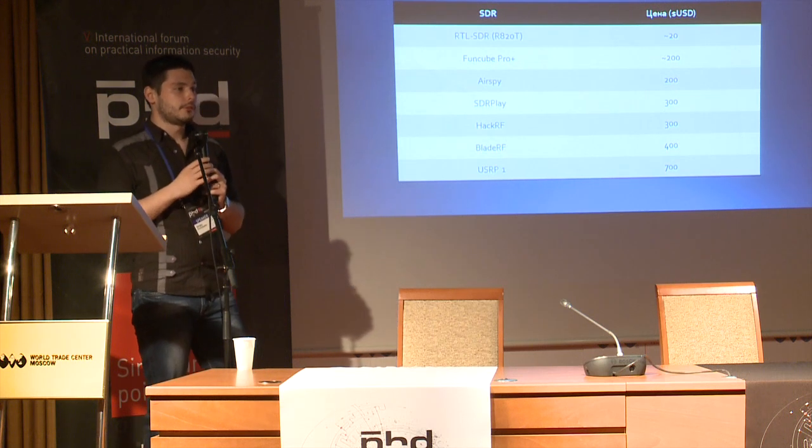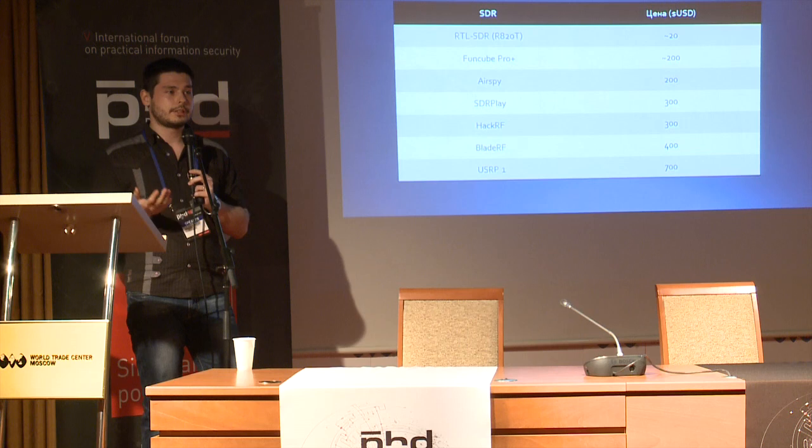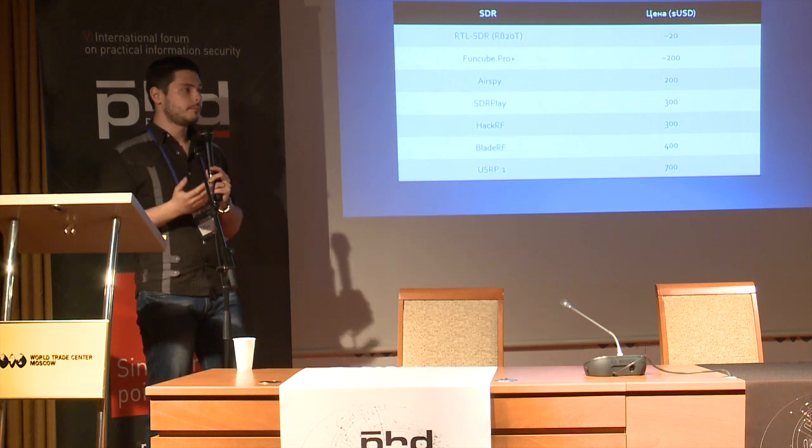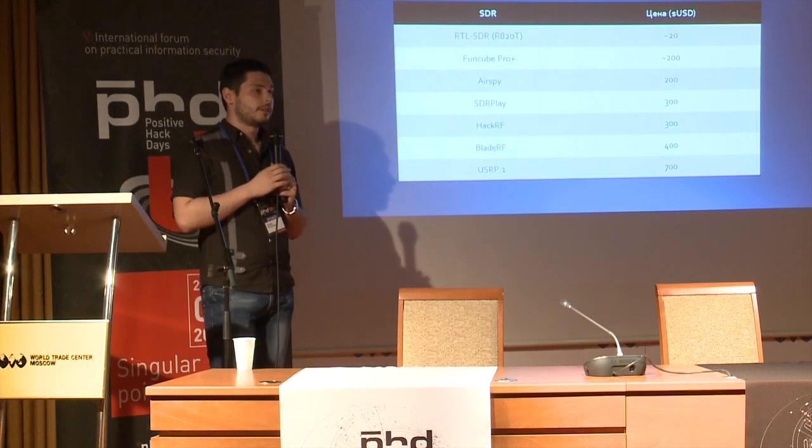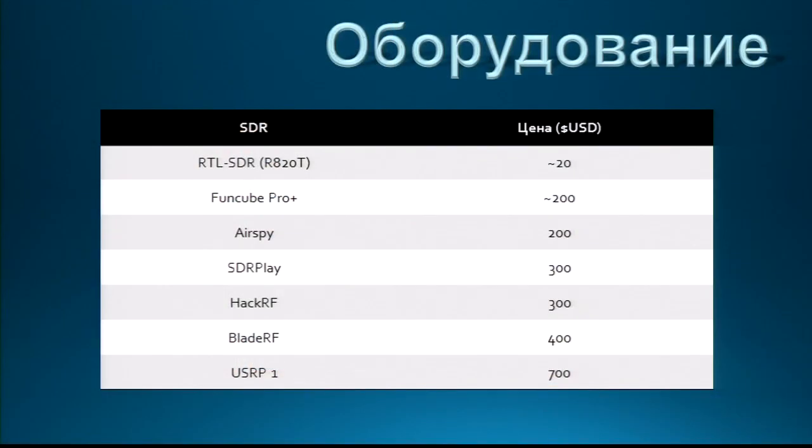The equipment used for all these projects is not outside of reach, price-wise or difficulty-wise. As you can see from this spreadsheet, in order to do data interception in the GSM standard, you don't need any super expensive equipment.